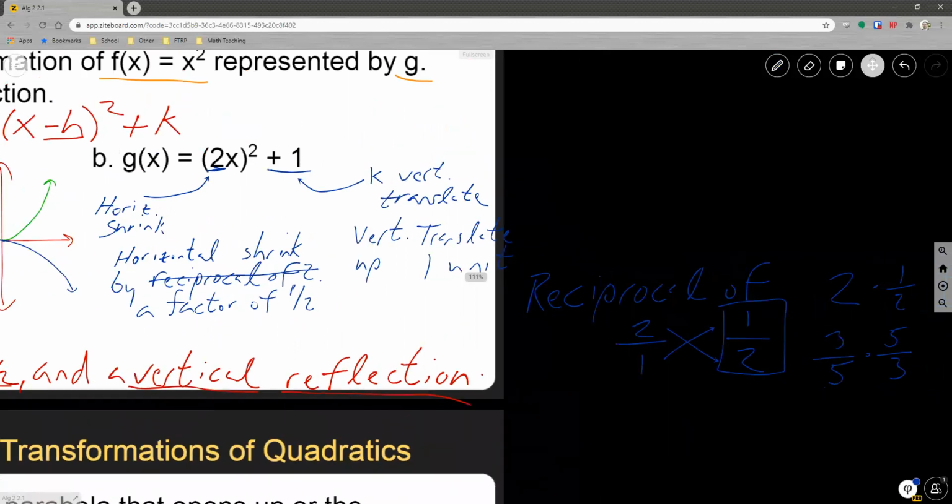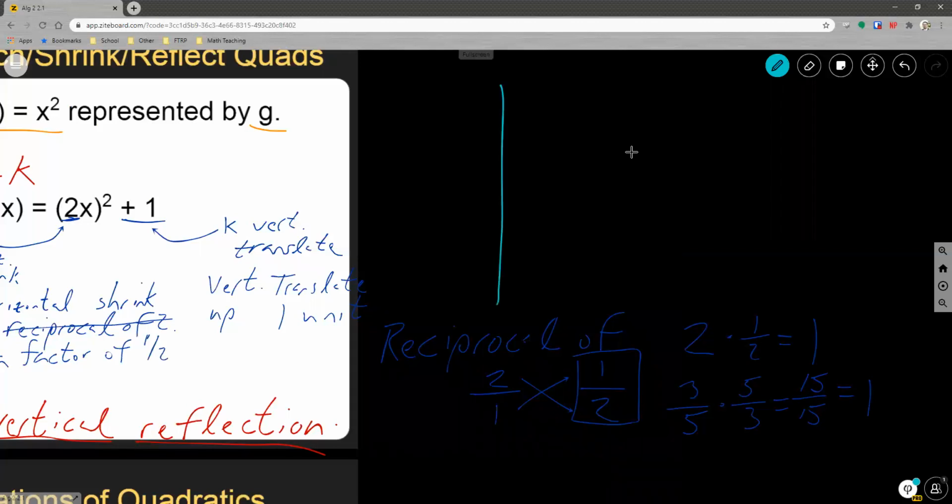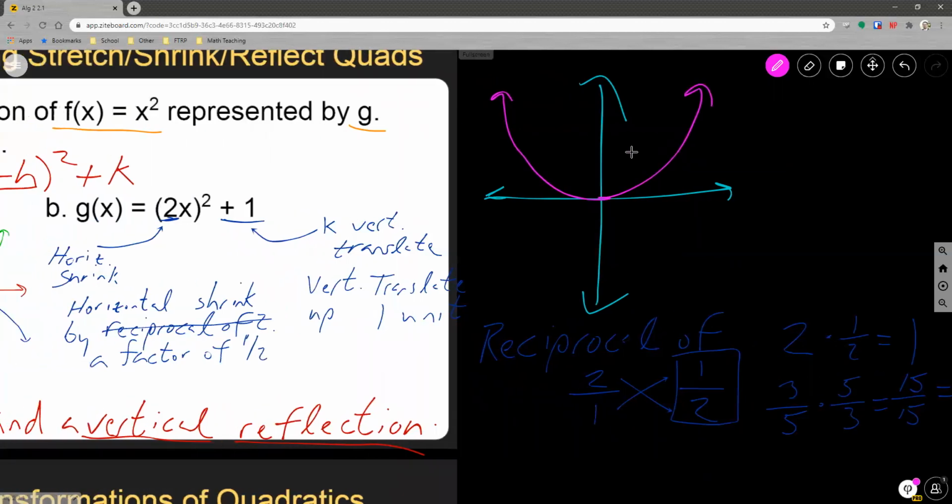Now I've used too much blue. Let's go ahead and graph what this is going to look like. So here are my axes. Again, my original function is the quadratic function, which looks like this. I am horizontally shrinking it by a factor of 1/2 and then translating it up 1 unit.